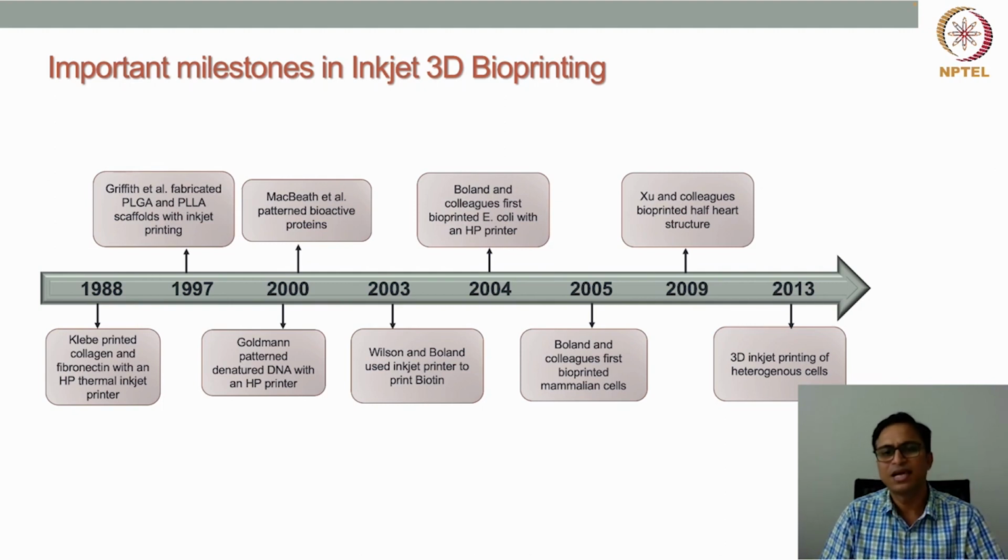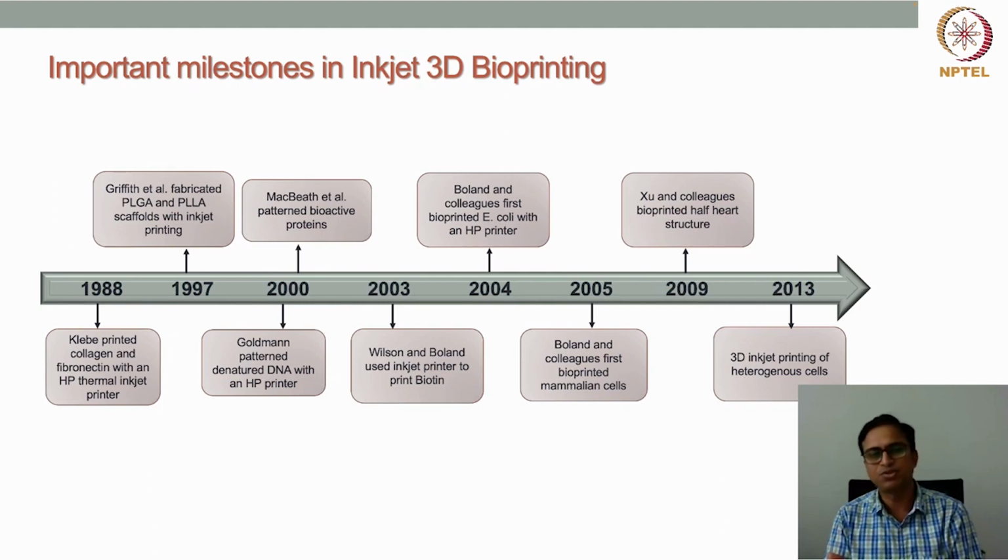In 2009, Zhu and his colleagues bioprinted a half-heart structure. That was the very first attempt to print a tissue structure, in this case half-heart tissue, with this technology.